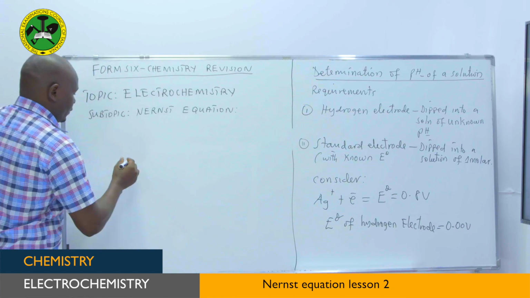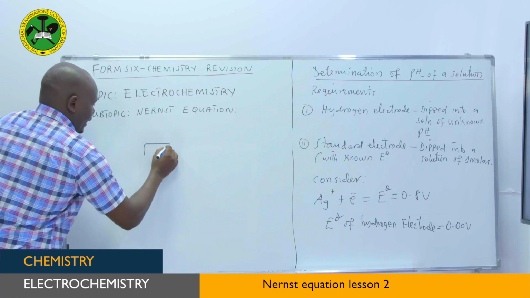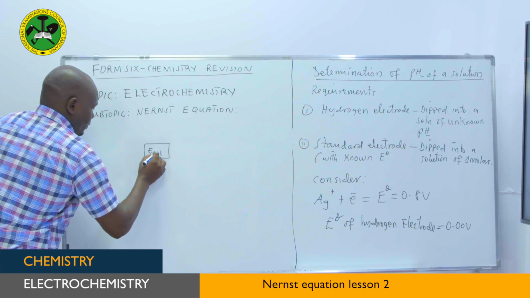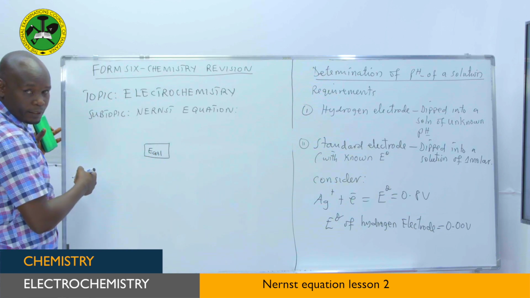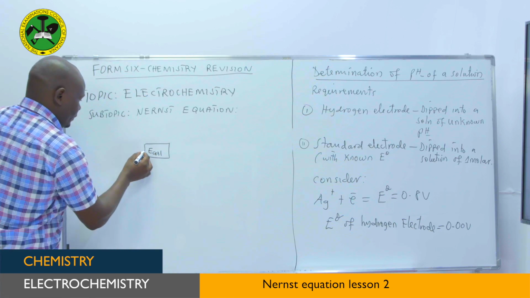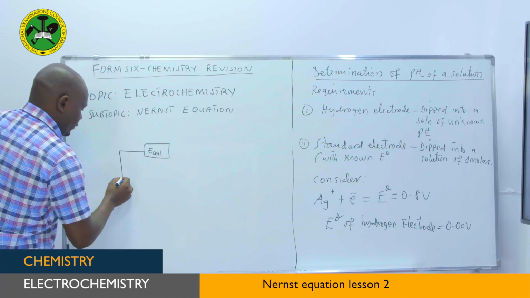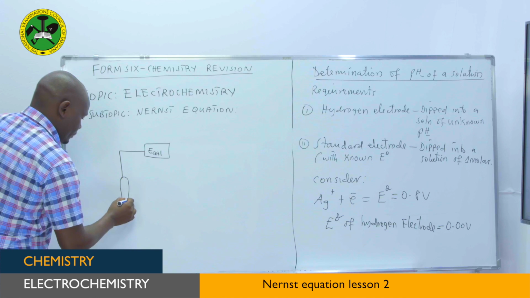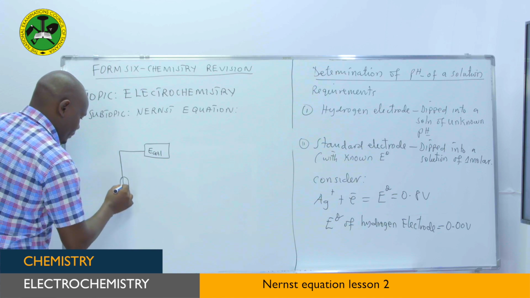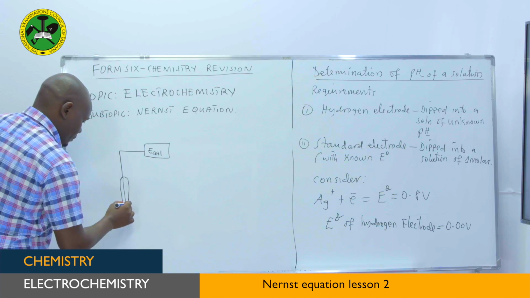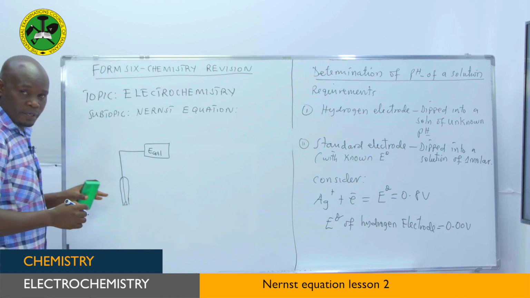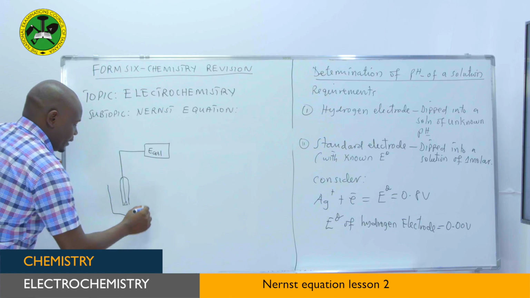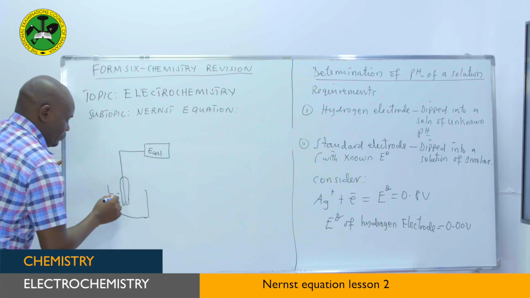So our electrochemical cell, if we sketch it now, you will have the voltmeter that will be reading the EMF of the cell. Then here we have the hydrogen electrode, and you remember we said that it must be placed in a solution with unknown pH.